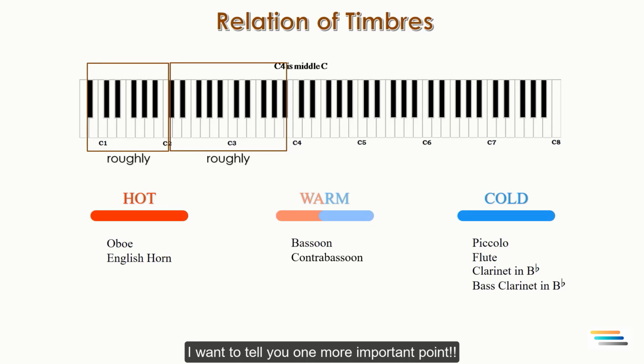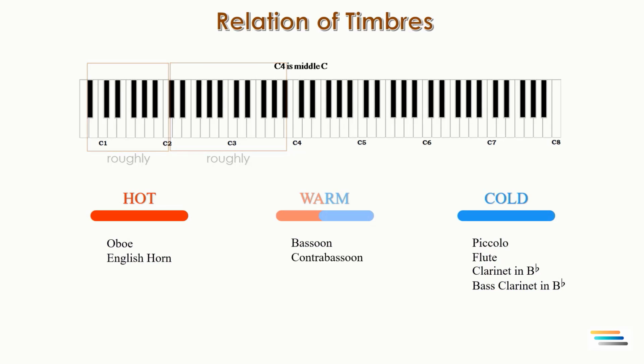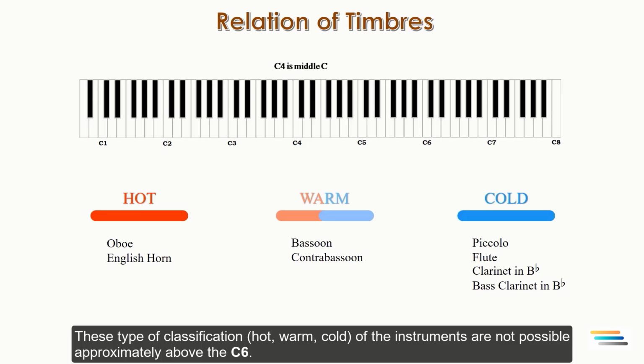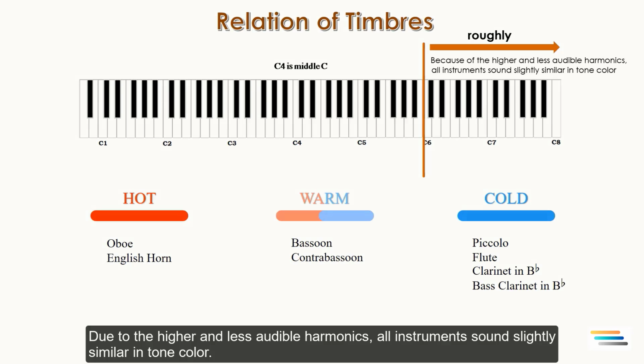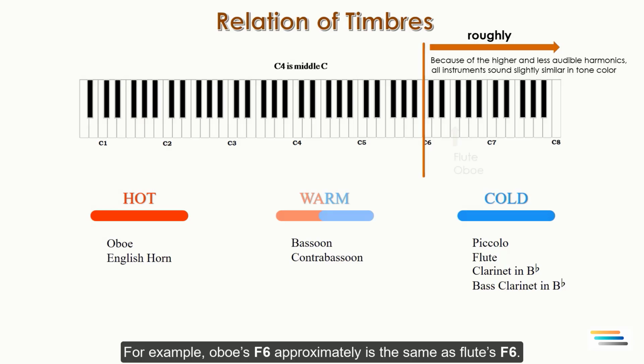I want to tell you one more important point. This type of classification, hot, warm, cold, of the instruments is not possible approximately above the C6. Due to the higher and less audible harmonics, all instruments sound slightly similar in tone color. For example, oboe's F6 approximately is the same as flute's F6.